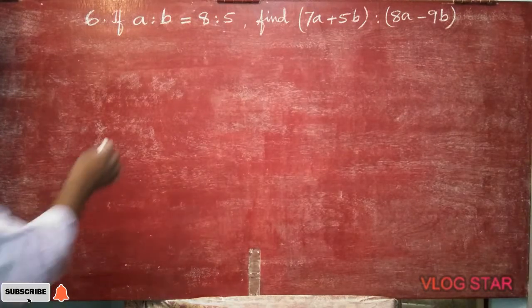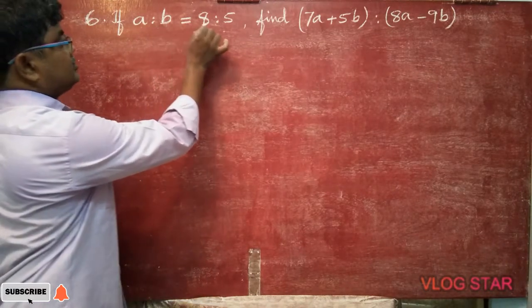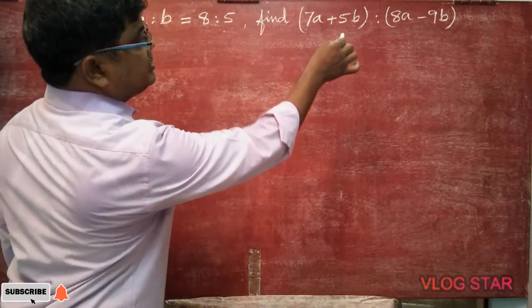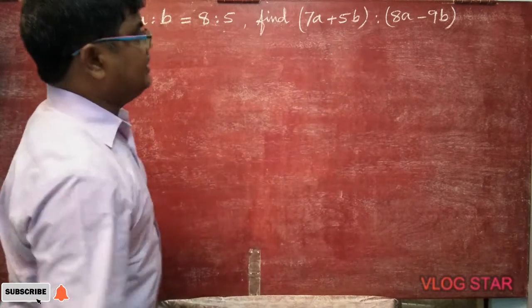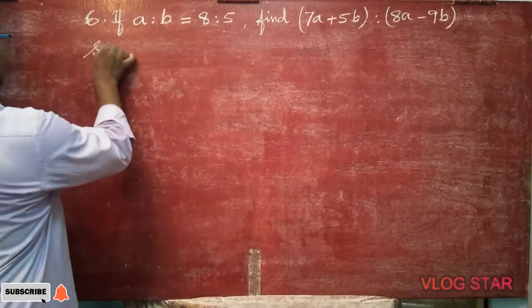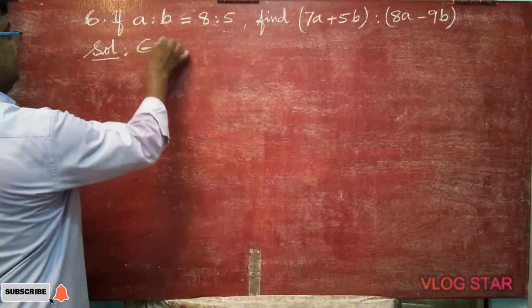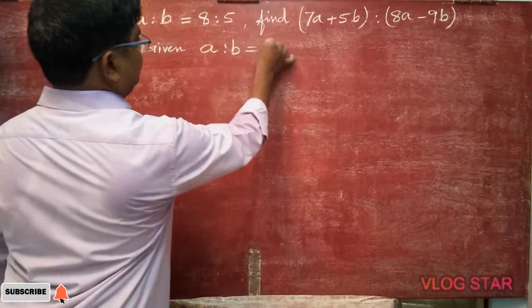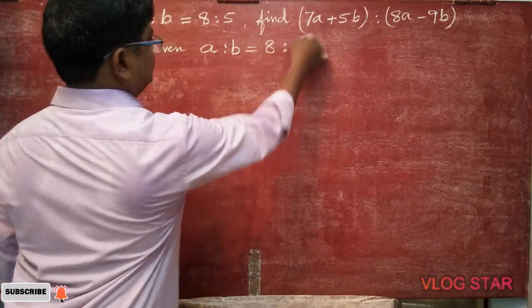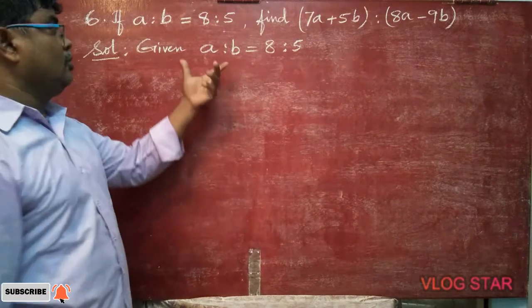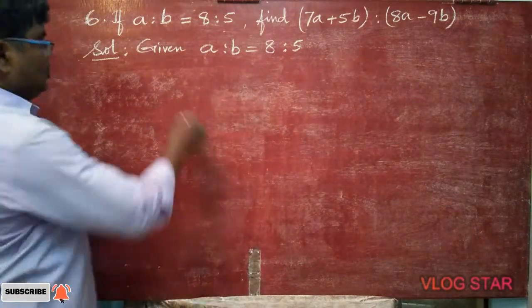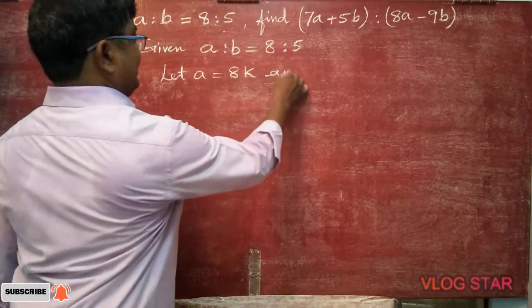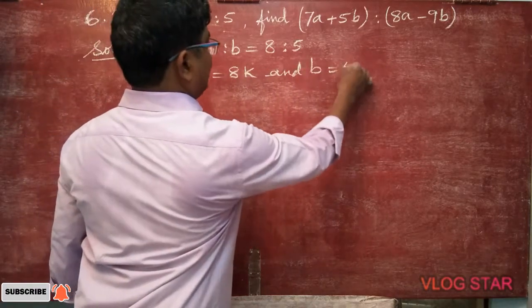Sixth problem. If A is to B is equal to 8 is to 5, find 7A plus 5B is to 8A minus 9B. Solution. Given A is to B is equal to 8 is to 5. They gave it in ratio. We don't know the exact value of A. So let A is equal to 8K and B is equal to 5K.